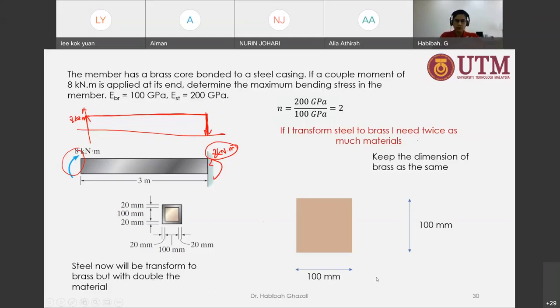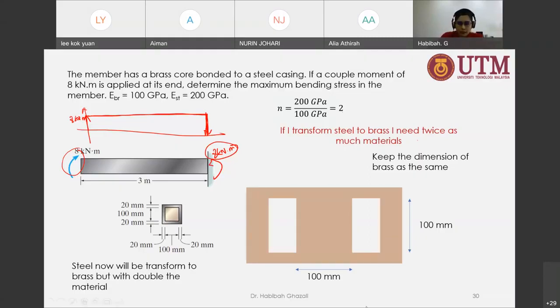But I'm not going to change what I said in class the other day. I am not going to change the height, because that is going to influence my calculation of the bending stress. If I change the height, the locations from the neutral axis to any part of the beam are going to change as well. So we don't want that. We are just going to change the width.